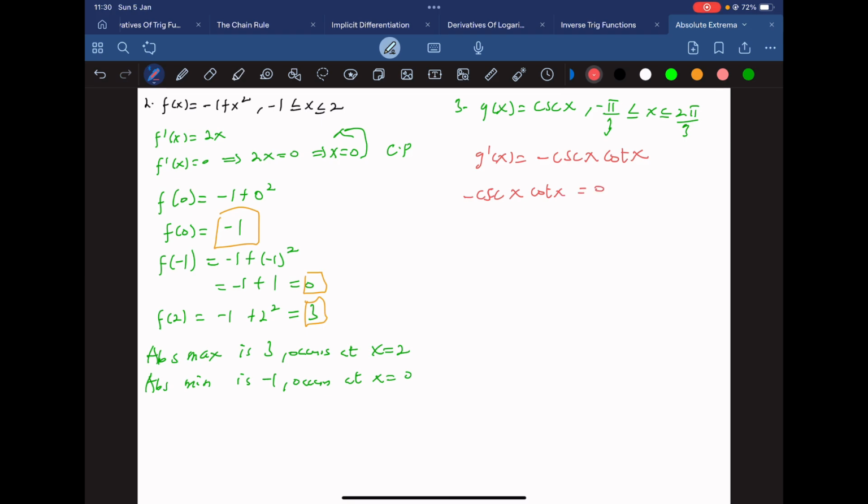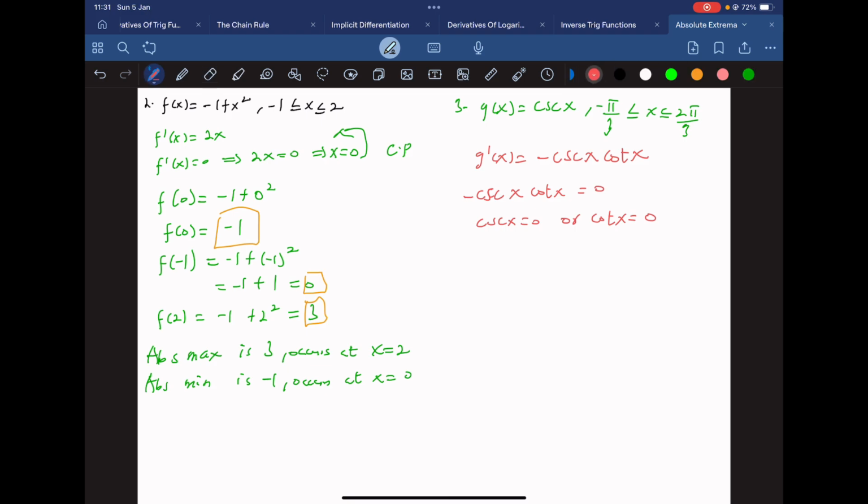So this basically means we have cosecant x equal to 0 or cotangent x is equal to 0. Now if we divide both sides by negative, the negative goes away.